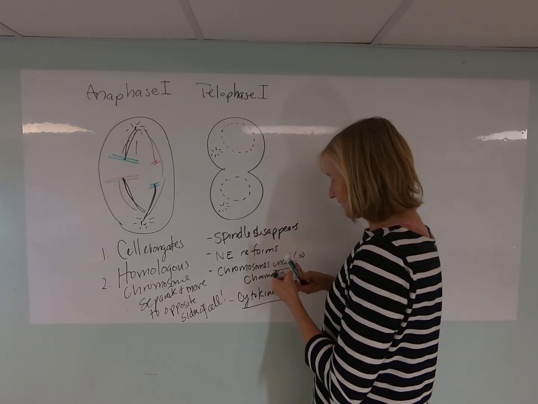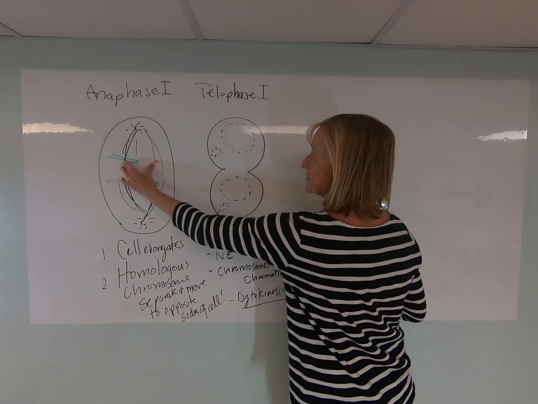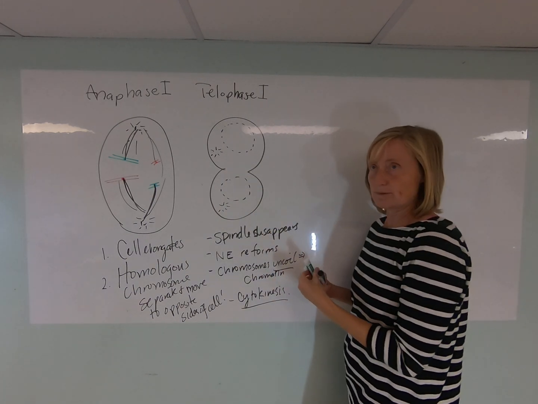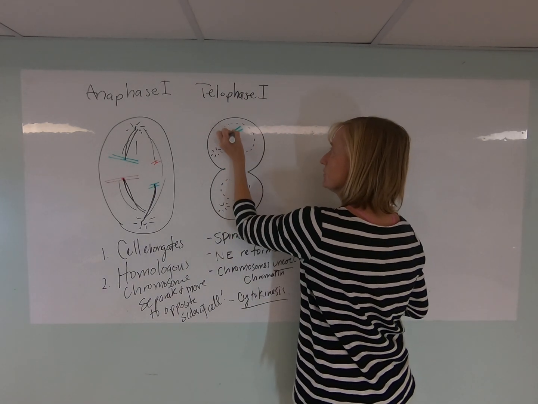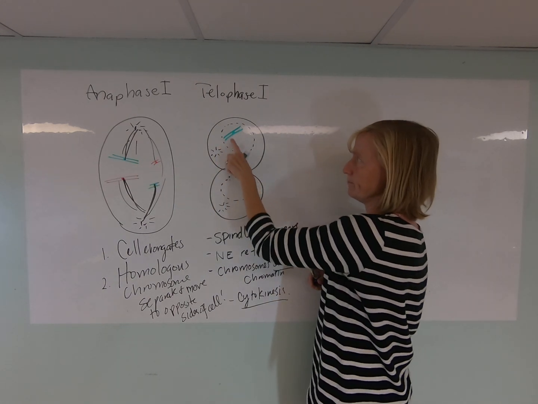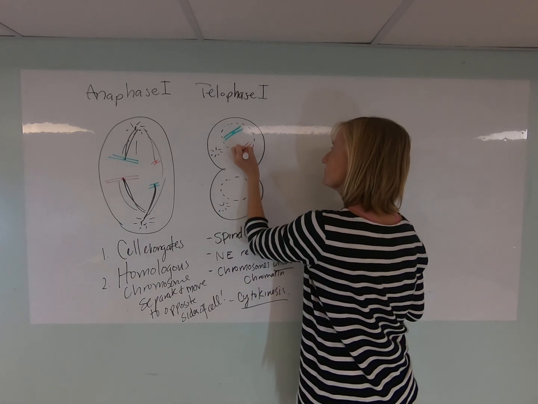So what we are left with, if these chromosomes move into and are surrounded by the nuclear envelope like they should be, we're left with, in this particular cell, one long green chromosome that is still replicated and one short red chromosome. Okay?